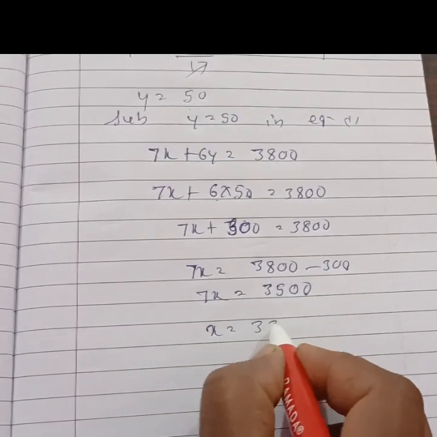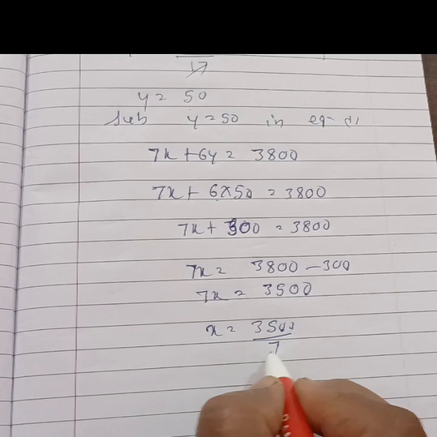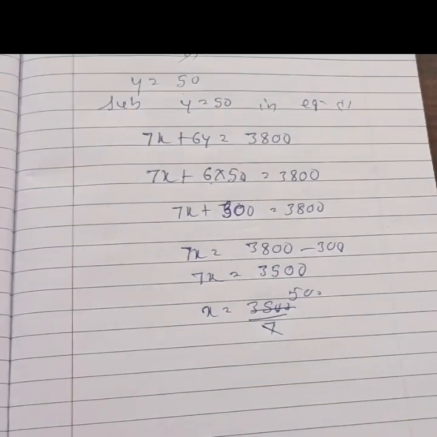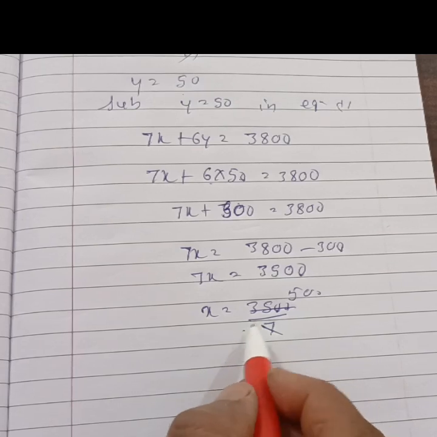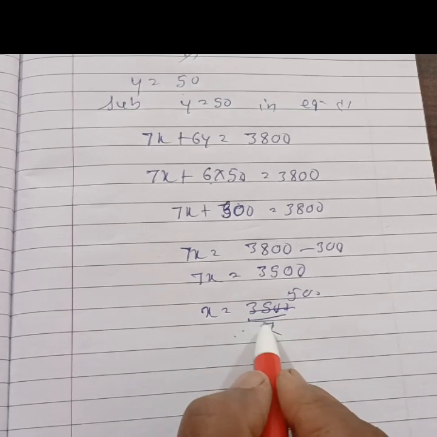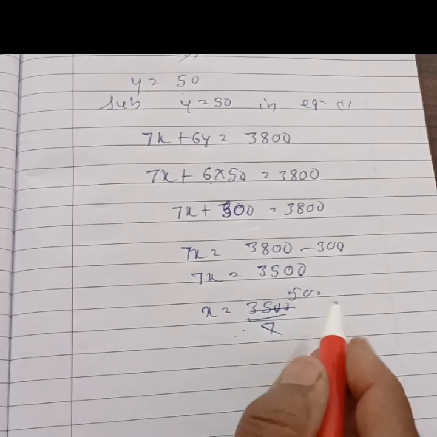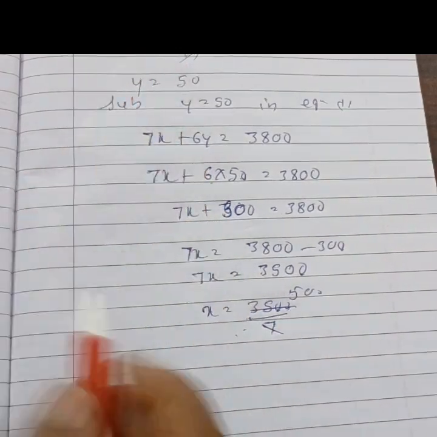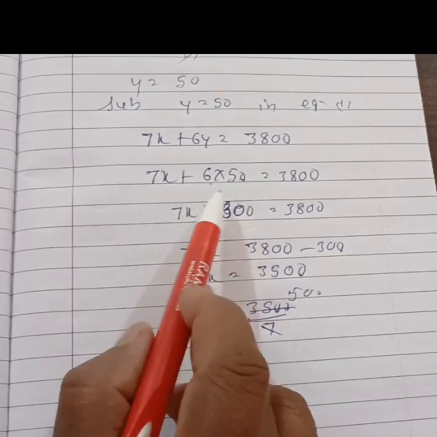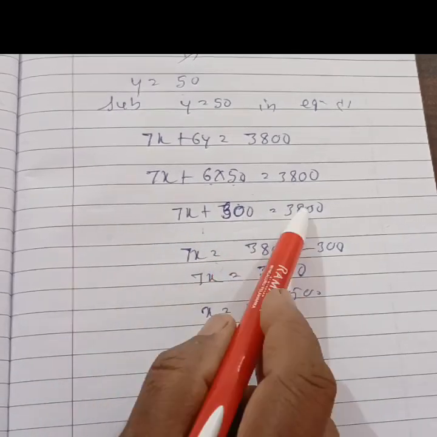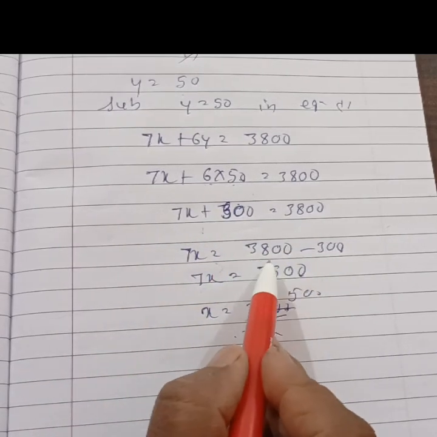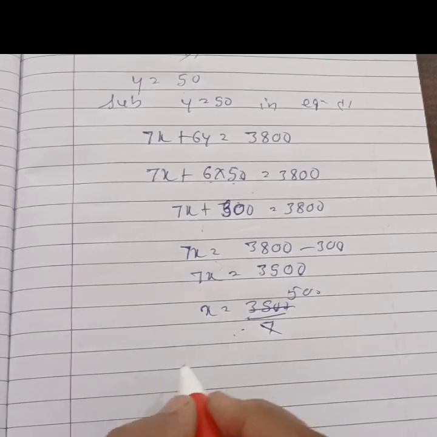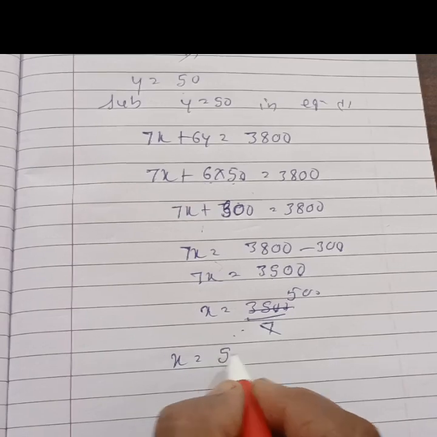So x is equal to 3500 divided by 7. That is 7 fives are 35, and 0 0. 500. I am checking this answer, right or wrong. 8 minus 3 is 5. Correct answer, X is equal to 500.